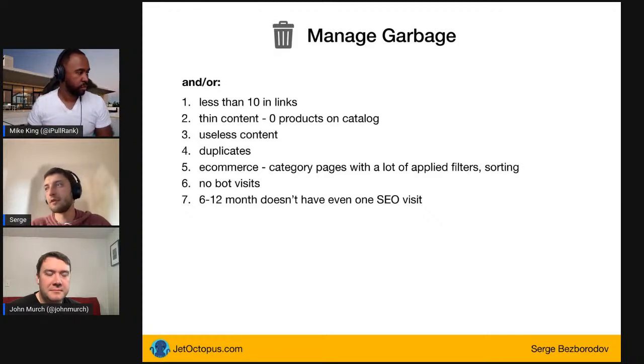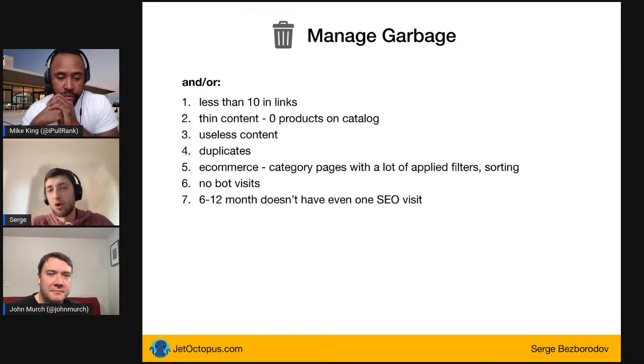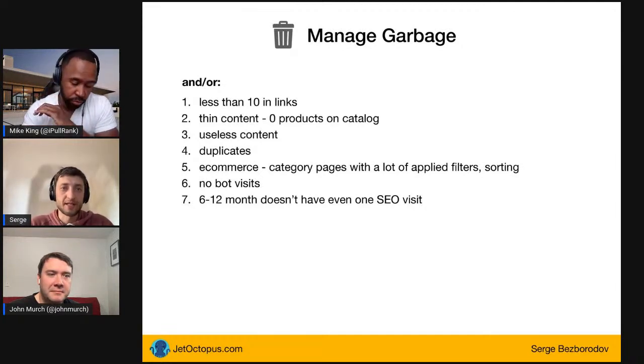You can have 1% of amazing content, all E-E-A-T factors, the best authors, but if the rest 99% of your website is auto-generated thin pages, thin garbage, your website is not so well, right?